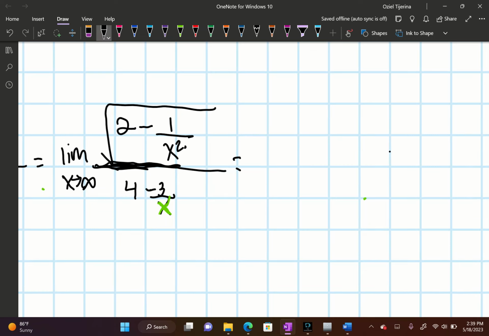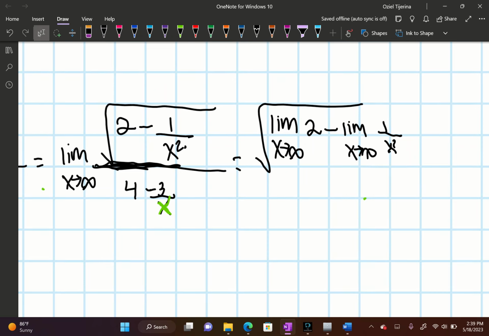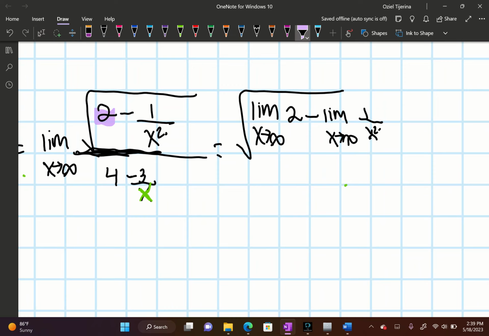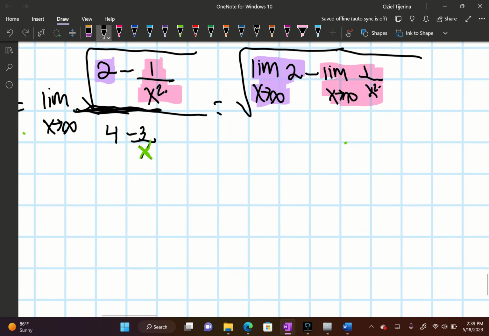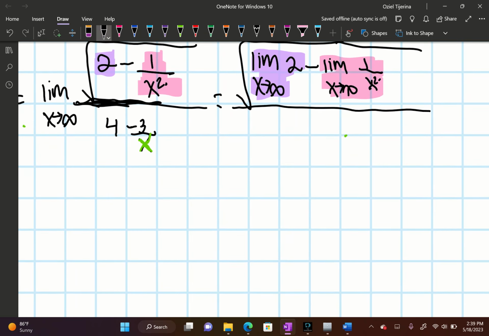It's going to be the square root of the limit as x approaches infinity of 2 minus the limit as x approaches infinity of 1 over x squared, and then over the limit as x approaches infinity of 4 minus the limit as x approaches infinity of 3 over x, right?